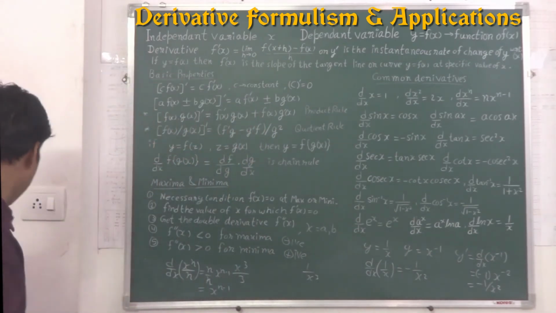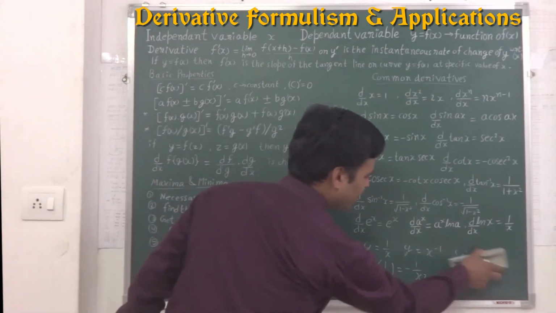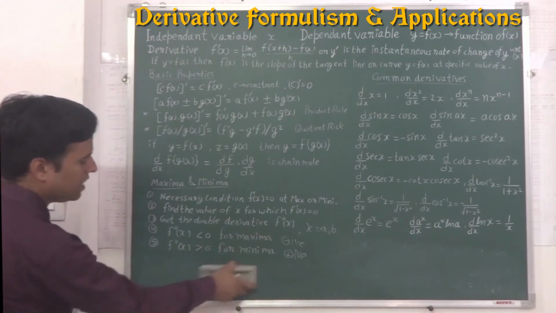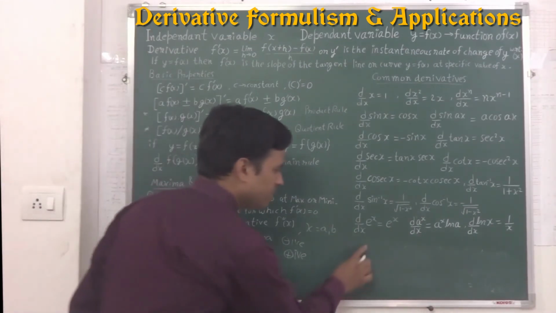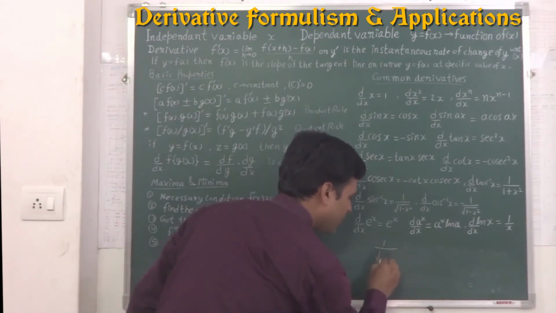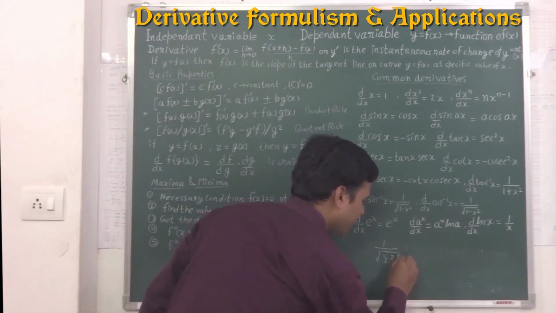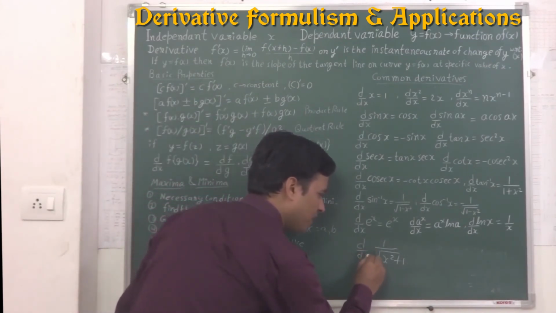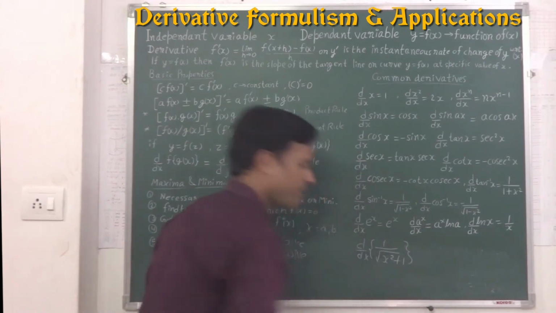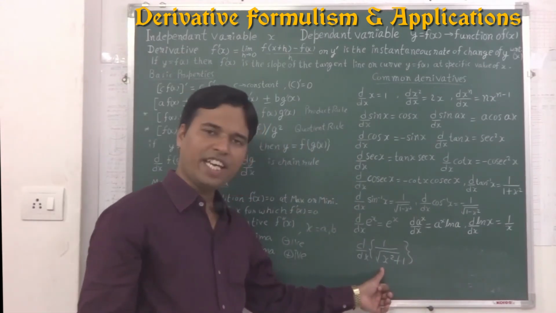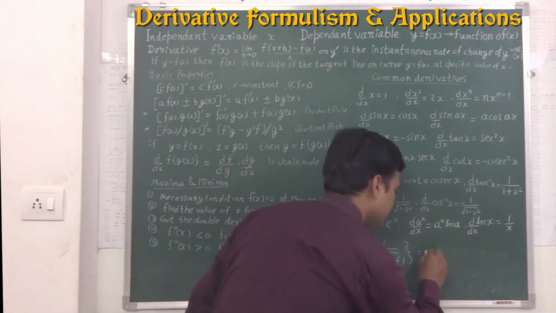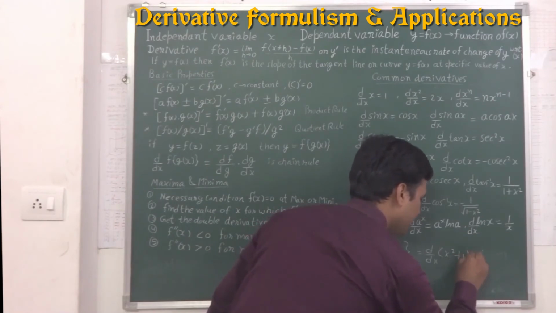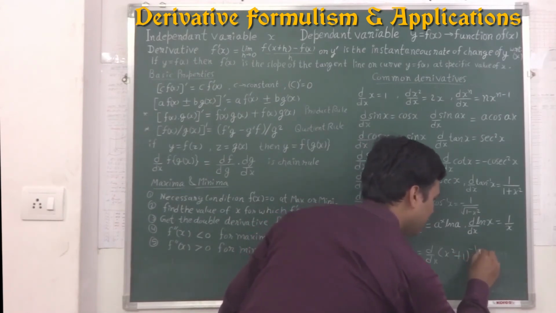Now dear students, I will give you another example. If you want to find out the differentiation of 1 upon square root of x square plus 1, that is, its first derivative with respect to x, we can write it as d upon dx of x square plus 1 power minus 1 by 2.